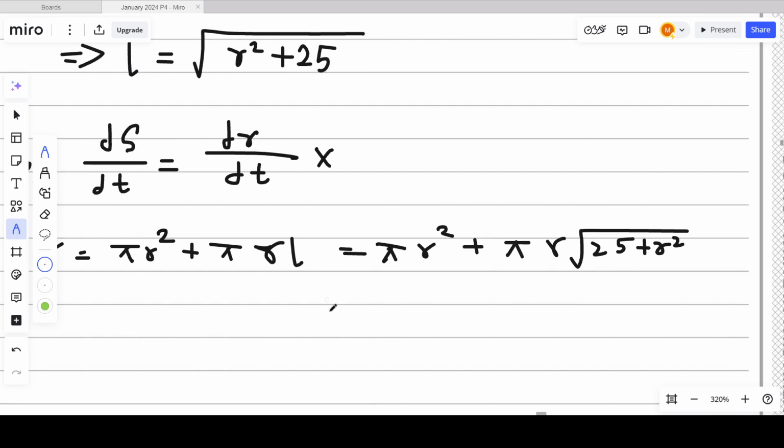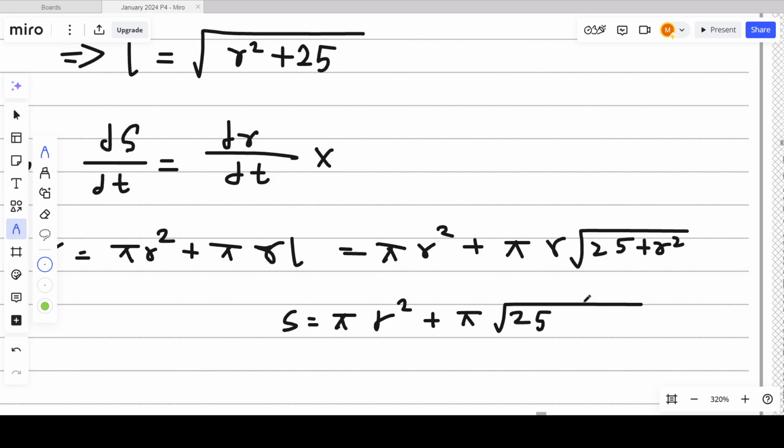Now what can we write here? Pi r squared plus, take this r within the square root. So what will we get? Square root of 25 r squared, because square root of r squared is the same as r, right?